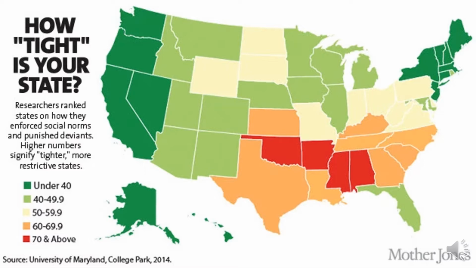In this little graphic here, the states are divided up based on how strongly they enforce social norms. And so you see on the left and right coast, people are not quite as rigid about their enforcing of social norms.